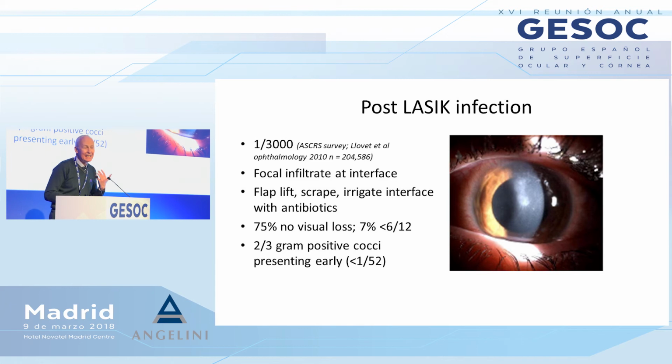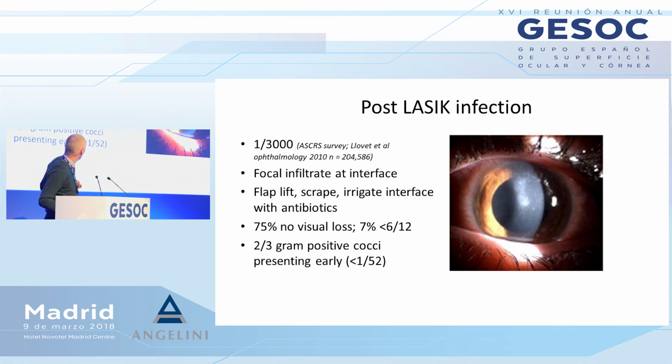Post-LASIK infection, we rarely see it now. Back in 2010, when this was surveyed, it was about 1 in 3,000 cases. But I think now that we are no longer using rapid sterilization with a stagnant water bath, we are seeing it much, much less frequently. And now that people are using fluoroquinolones routinely after laser eye surgery, infection is very infrequent.